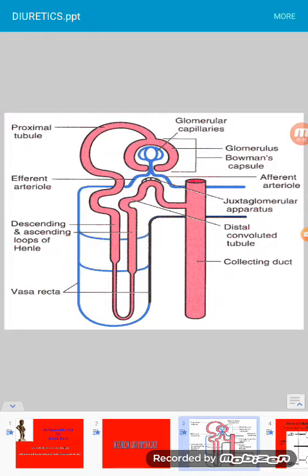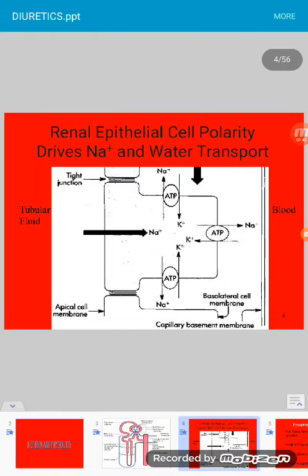So here, the glomerulus is rich in capillaries. The plasma is separated and glomerular filtration takes place, and the filtered urine passes to the proximal convoluted tubule, where you have the renal epithelium, which drives sodium and water transport.